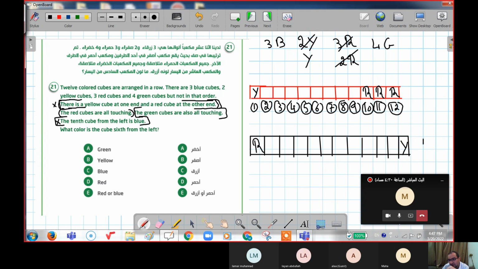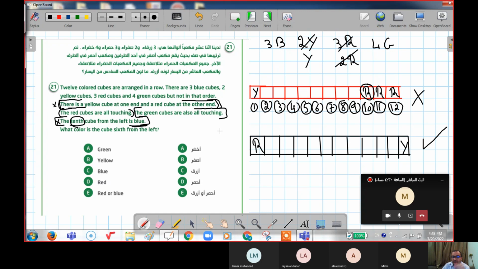But why must I choose the second choice? Because in the first choice, the third condition can't be correct. Why? Because we must have a blue cube in the 10th position, and here we have a red cube.